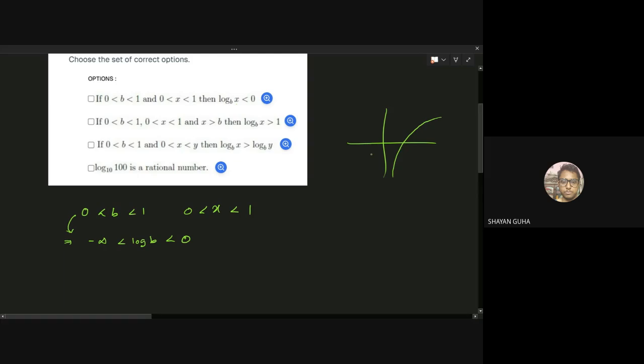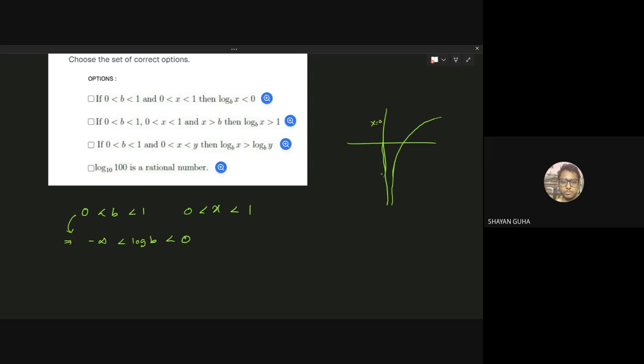Log 0 is undefined, but if you see the graph, you can see that as the value of x moves closer and closer to 0, the value of log is becoming sufficiently negative. What do I mean by sufficiently negative? The curve is moving like this and becoming very negative, but it's actually getting closer to the line x equals 0.